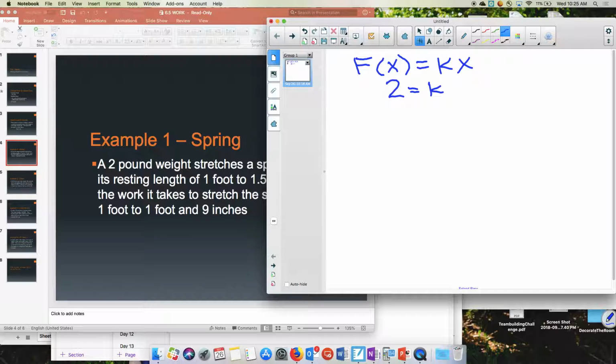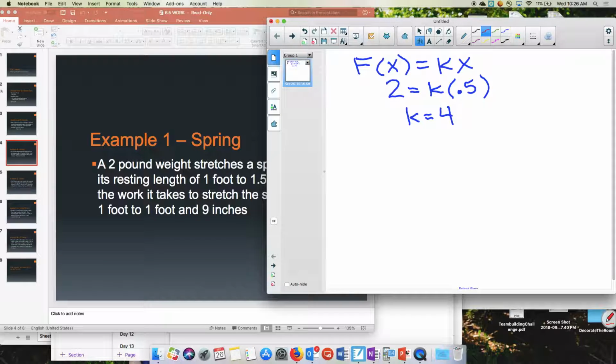And we stretch the spring how far? Half of a foot. So, our spring constant is 4. No question, that was a statement.